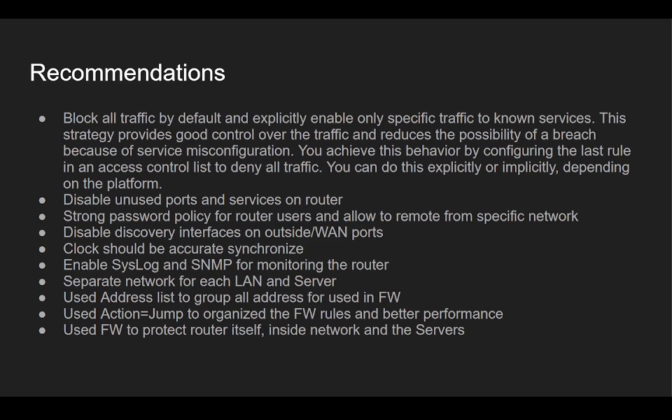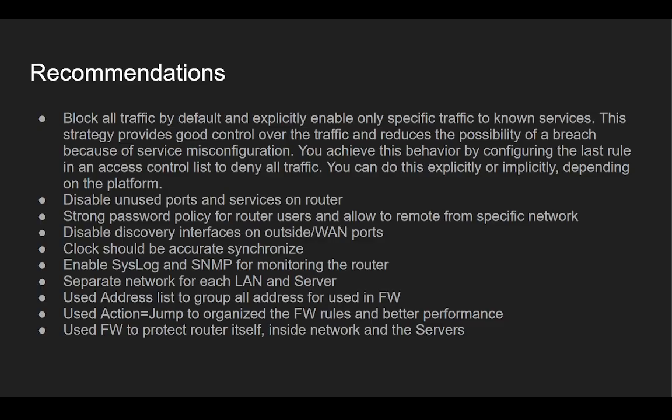Recommendations. The first recommendation: block all traffic by default. When you create the rules in any firewall, you have to block everything at the start, and after that explicitly enable only specific traffic to known services. This strategy provides good control over the traffic and reduces the possibility of a breach because of service misconfiguration.